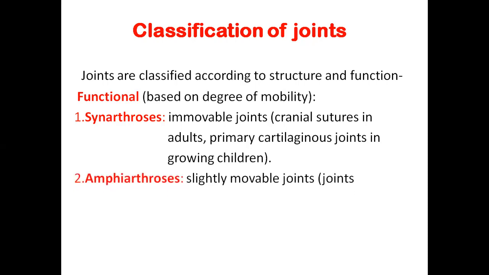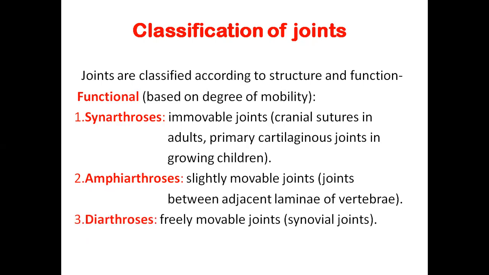The second type of the joint on function basis is the amphiarthrosis. These joints are slightly movable, and the example of such joints is the joints between the adjacent laminae of the vertebrae of the spine.